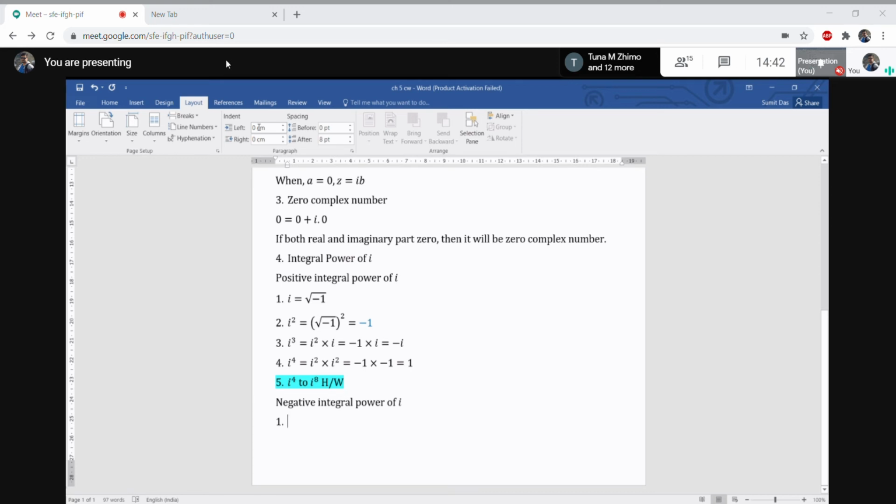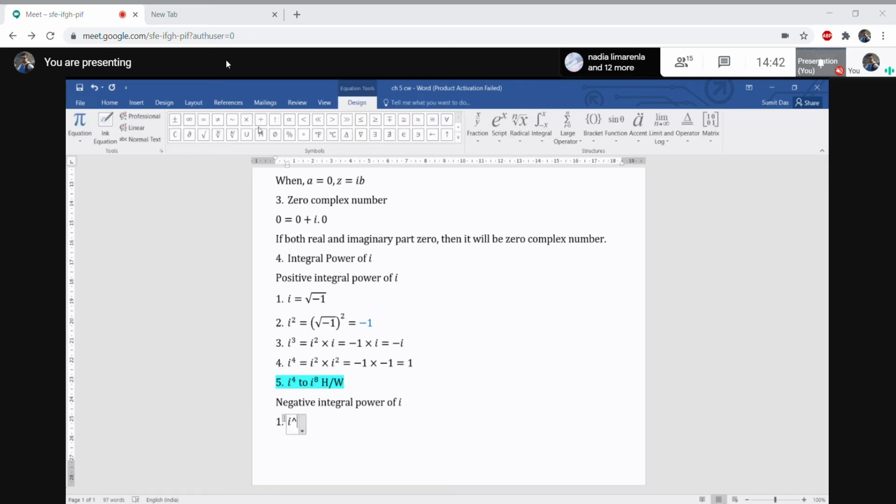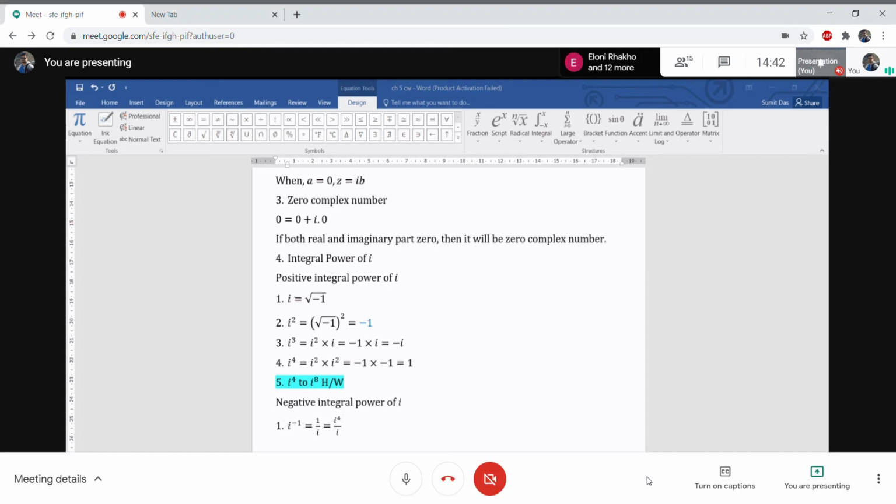First start with i to the power minus 1. So i to the power minus 1 means we can write 1 by i, right? How to find the value? 1 equals, we got i to the power 4 divided by i. Check this part carefully. Negative powers are a little bit complicated. Not complicated much, but still.